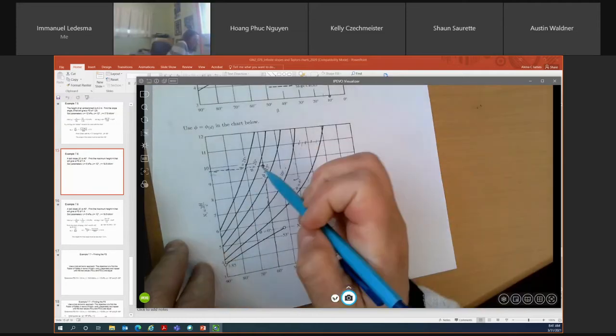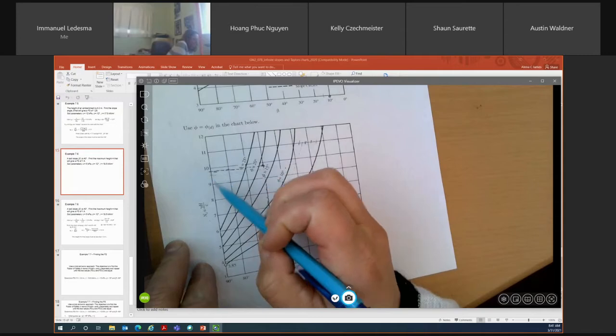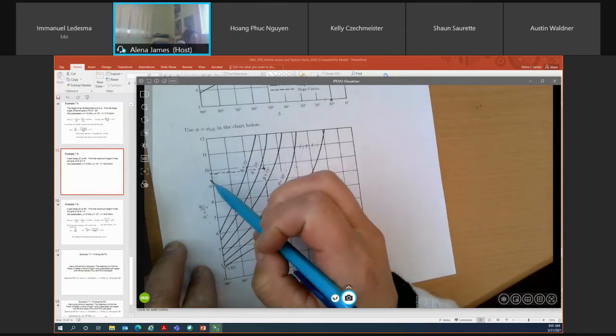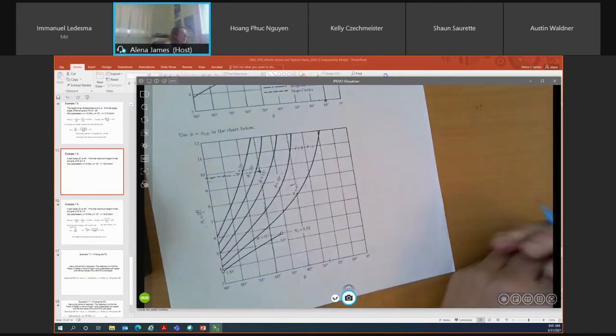Where this horizontal line intersects my y-axis, my NS value is somewhere between 9.7 and 9.8.